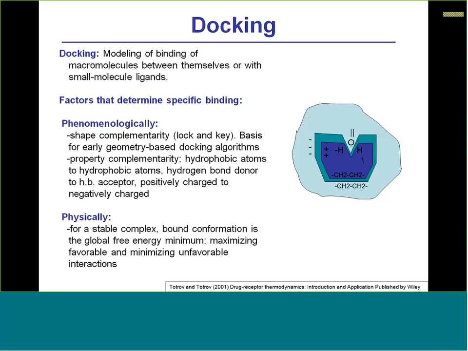Ideally, in your receptor, you're matching hydrophobic atoms with hydrophobic atoms, hydrogen bond donors with hydrogen bond acceptors, and then you have the electrostatics, so positively charged to negatively charged. What you're looking for is to identify a stable complex where the bound conformation represents the global free energy minimum. You achieve this by maximizing favorable and minimizing unfavorable interactions.